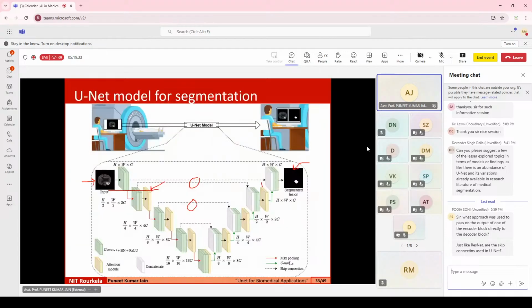There would be a concatenation of the output of the encoder layer and the output of the previous decoder layer. So let us say the output of this was H cross W cross C, and the output of the previous decoder layer was H cross W cross C. We concatenate them, and it will become H cross W cross 2C.